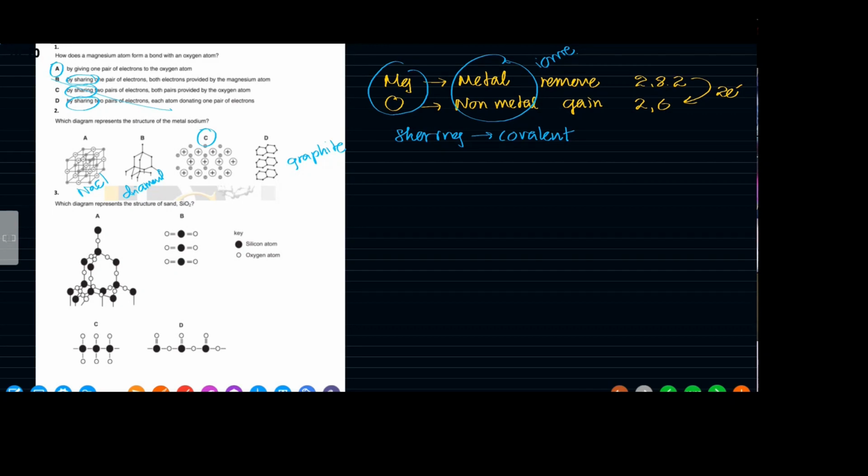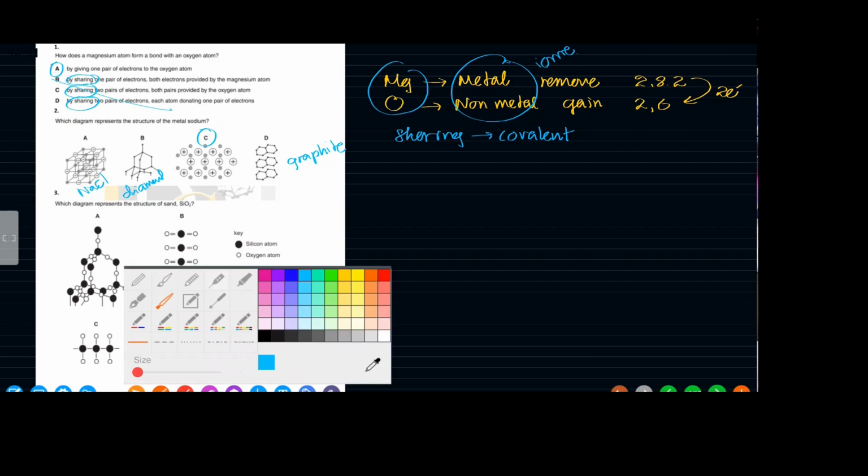What are the properties of sodium oxide? What are the properties of magnesium chloride? What are the properties of magnesium oxide? That is not possible, right? It's impossible for us to remember these properties separately. But what you need to do is, when they say sodium chloride, magnesium chloride, sodium oxide, they are ionic. So if they are ionic, we are going to take the properties of ionic compounds, right? That's what we are going to do. I've just given an idea of how to handle the questions coming in the future, right?